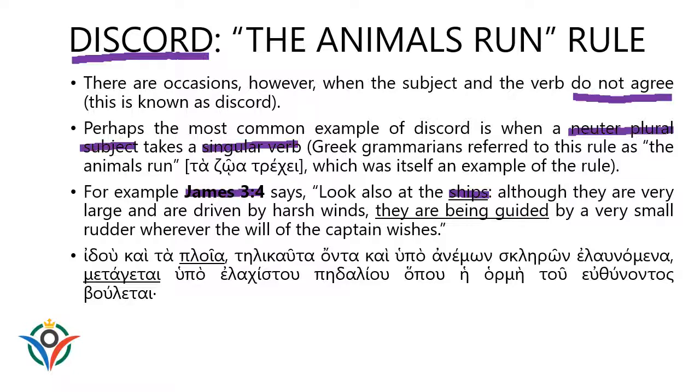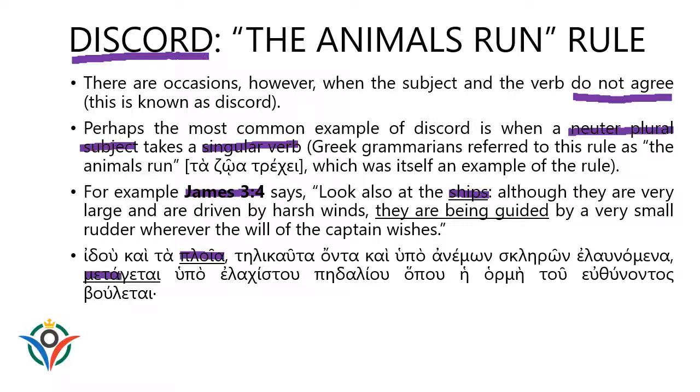However, with discord, we have a neuter plural subject with a singular verb. Take a look at the Greek here. The subject there is ploia, which is ships, and that is a neuter plural subject. Because it's a neuter plural subject, it's going to take a singular verb, which is true here.